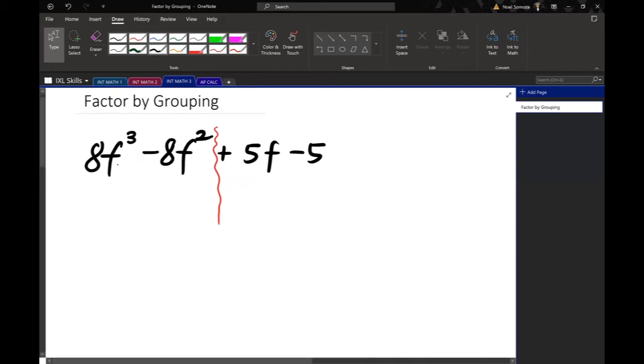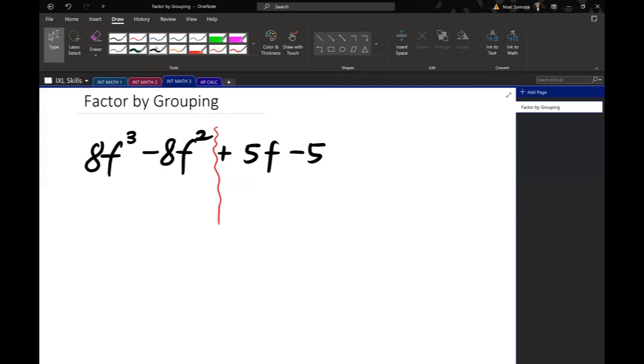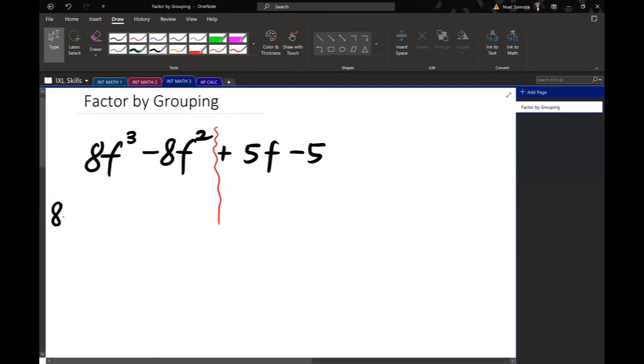If I look carefully, they can both be divided by 8, and they can both be divided by f to the power of 2. That tells me that I can have 8f squared as the greatest common factor between the 2 terms. So I'm going to divide this term by 8f squared and this term by 8f squared.